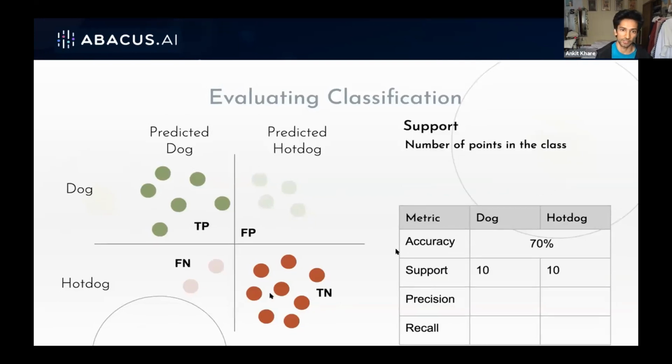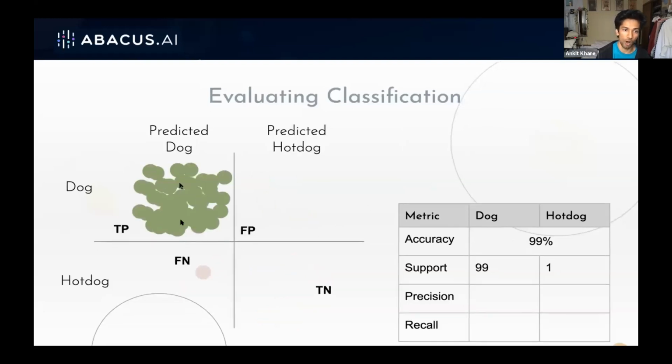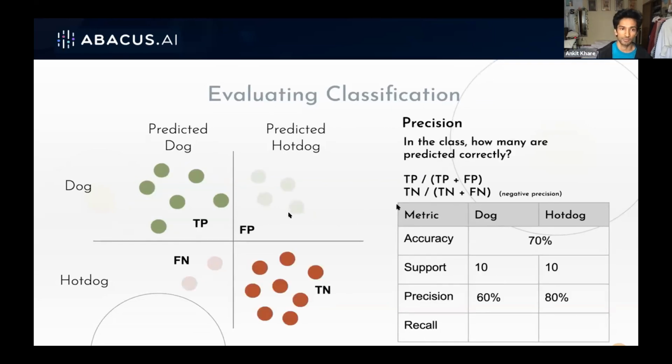But there's a catch in accuracy. What if you have all of your data points here like this? Then even if you predict dog all the time, it's 99% accurate, right? So that's why I mentioned that in order to holistically evaluate, you need diverse kinds of accuracy measures, which are based on different principles and evaluate your model from different angles.